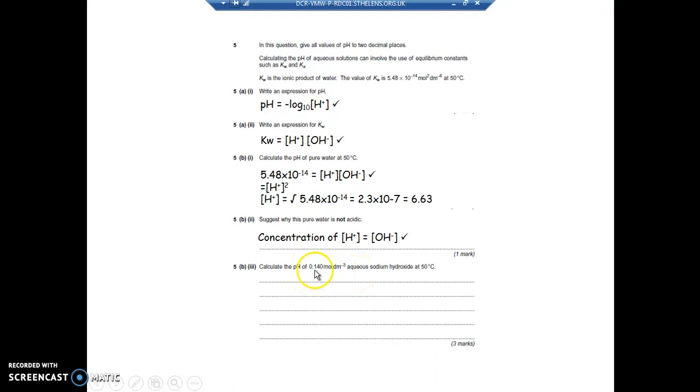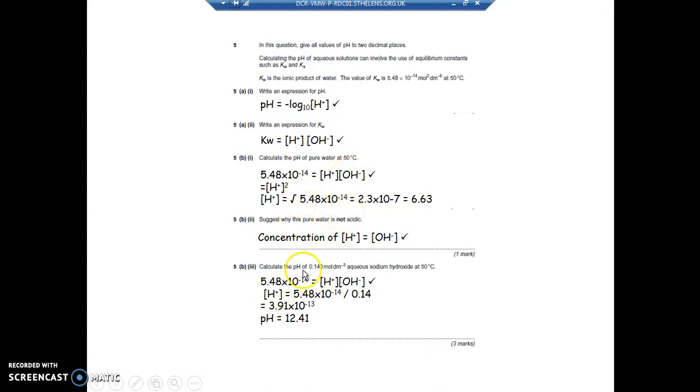Calculate the pH of 0.140 aqueous sodium hydroxide. Right, okay. So 0.140 is the concentration of aqueous sodium hydroxide, and that's the concentration of OH minus ions, because sodium hydroxide is a strong base, it will fully dissociate to make OH minus ions. So 0.14 is that there.